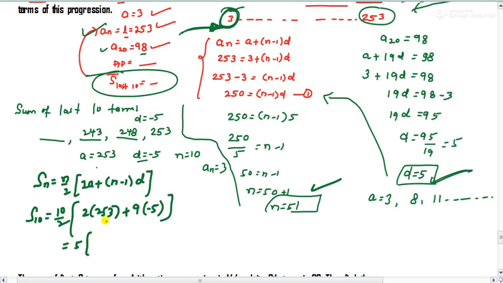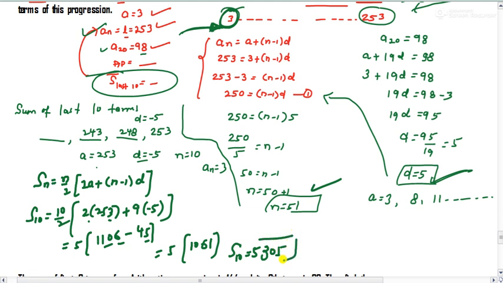So this is minus 45. 506 minus 45 is 461. Into 5 you do. So you'll get S10 from the last as 2305. Got this?